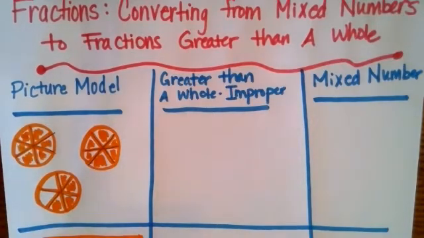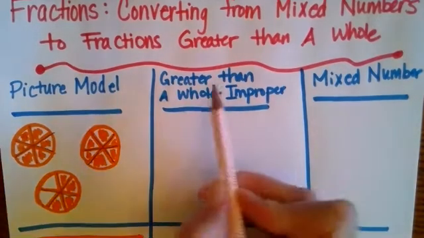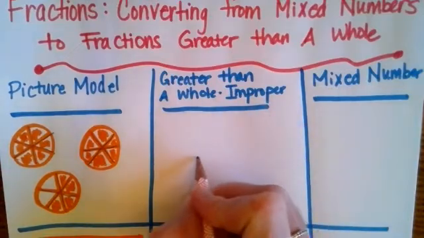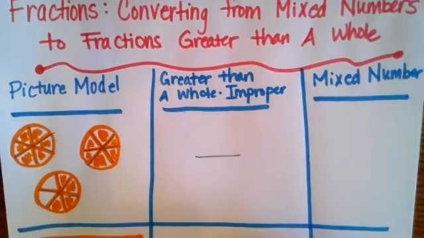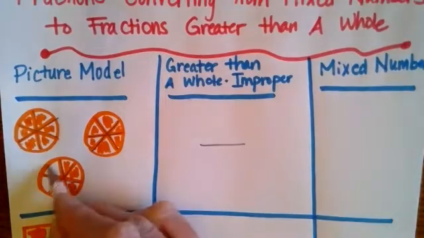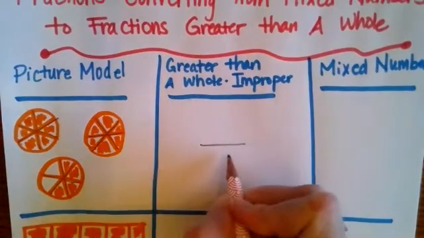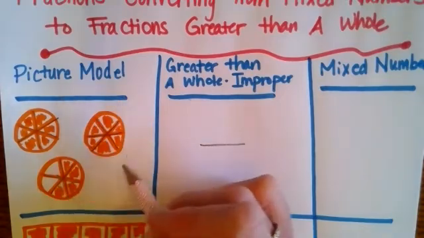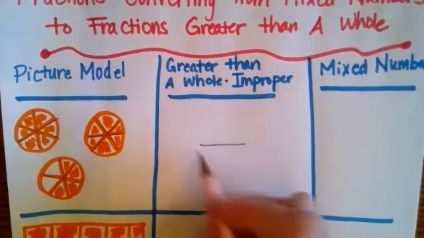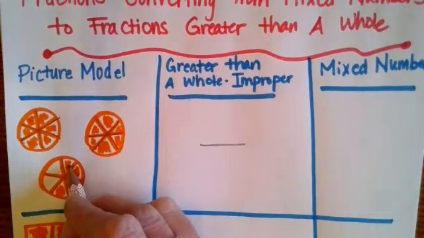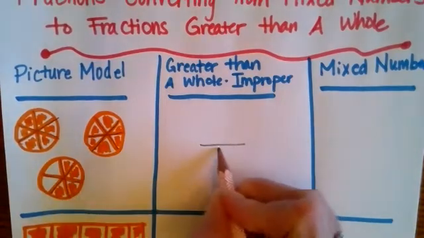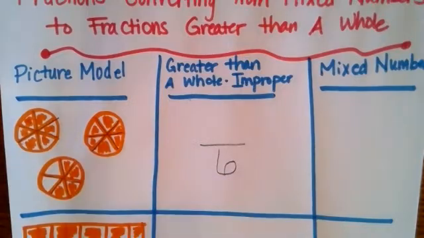So when I write what this picture model is showing as a fraction greater than a whole, or what your family calls improper, I need my fraction bar, and the number of parts in the whole is my denominator. That is always true with fractions. I said there are 1, 2, 3, 4, 5, 6 in one whole, so I'm going to put my denominator as 6.